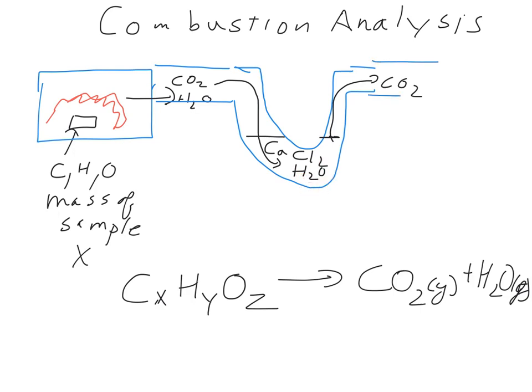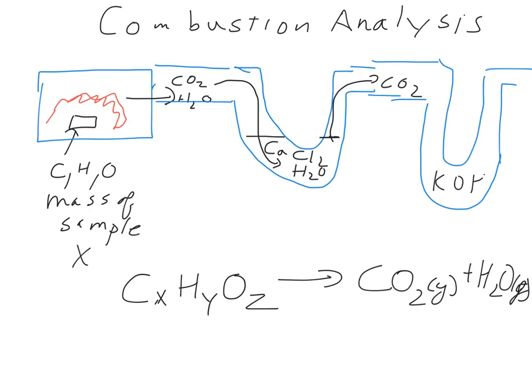Then your flue gas enters. Or if your flue gas, I'm sorry, you can tell I'm a coal chemist. Then your combustion gas enters another tube, and in this other tube, you'll usually have a strong base. Potassium hydroxide is a common one. Once again, you'll know the weight of this potassium hydroxide before you set the sample on fire. The gas passes through it, and all the carbon dioxide will wind up being trapped in that potassium hydroxide.